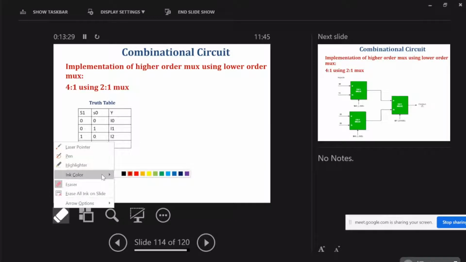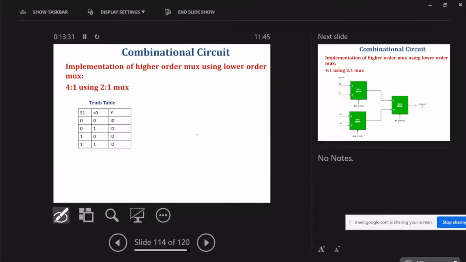We need to divide by the lower order mux. So if we want to implement 4 to 1 mux using 2 to 1, we will divide higher order with lower order. Okay, and we continue till we get 1 remaining.